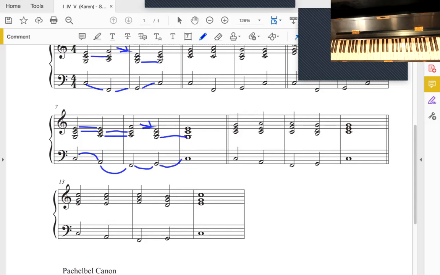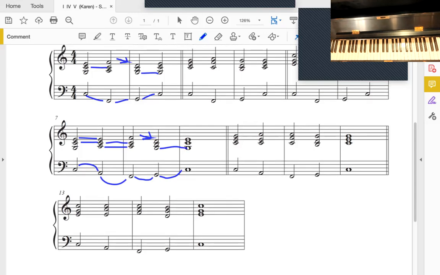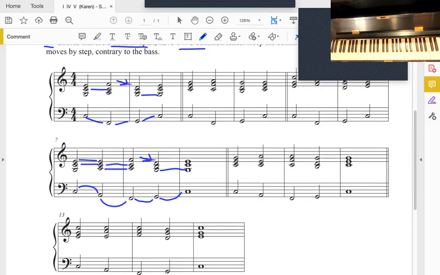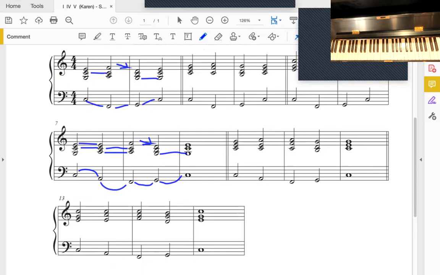And you'll notice that the rule also happens to say that when the chords are a 3rd apart, they'll have 2 common tones. You keep the common tone, and the other voice moves by step. This is pretty cool because if I go from a C chord down to an A chord, the note that is not held goes up in contrary motion to the bass.